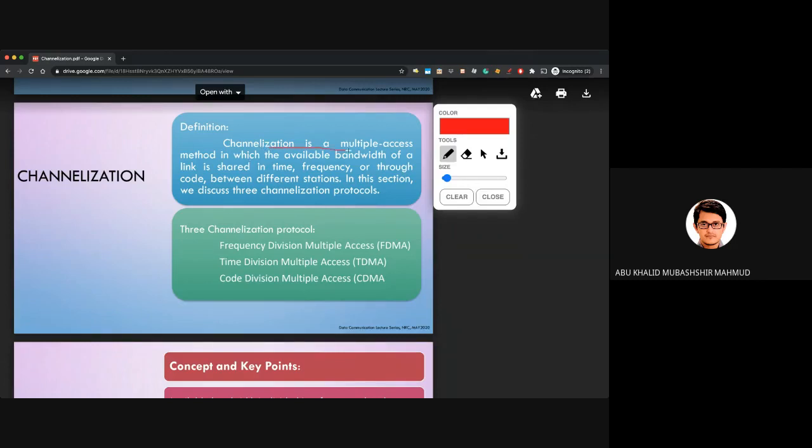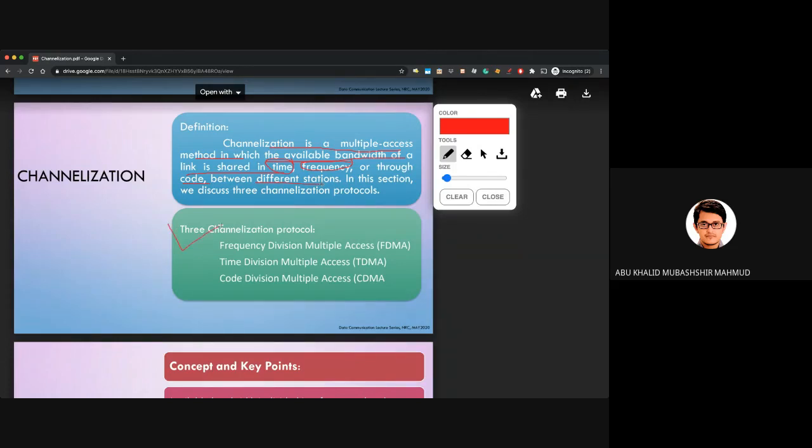Channelization is a multiple access method in which the available bandwidth of a link is shared in time, frequency, or through code between different stations. This is somewhat similar to the concept of multiplexing. So we will see it in a bit real soon.